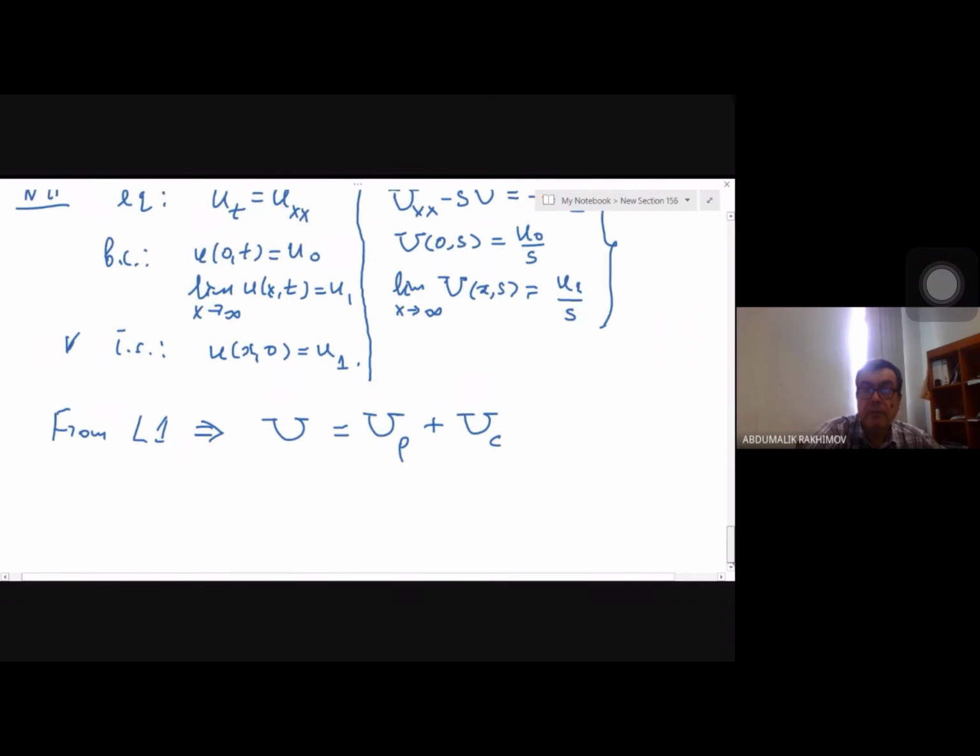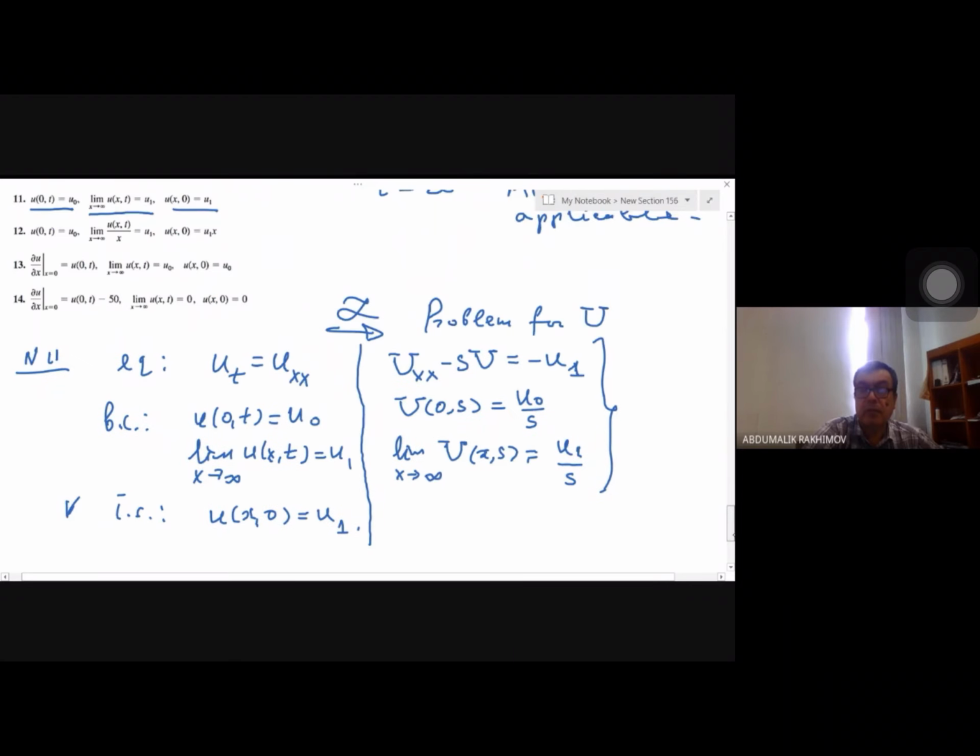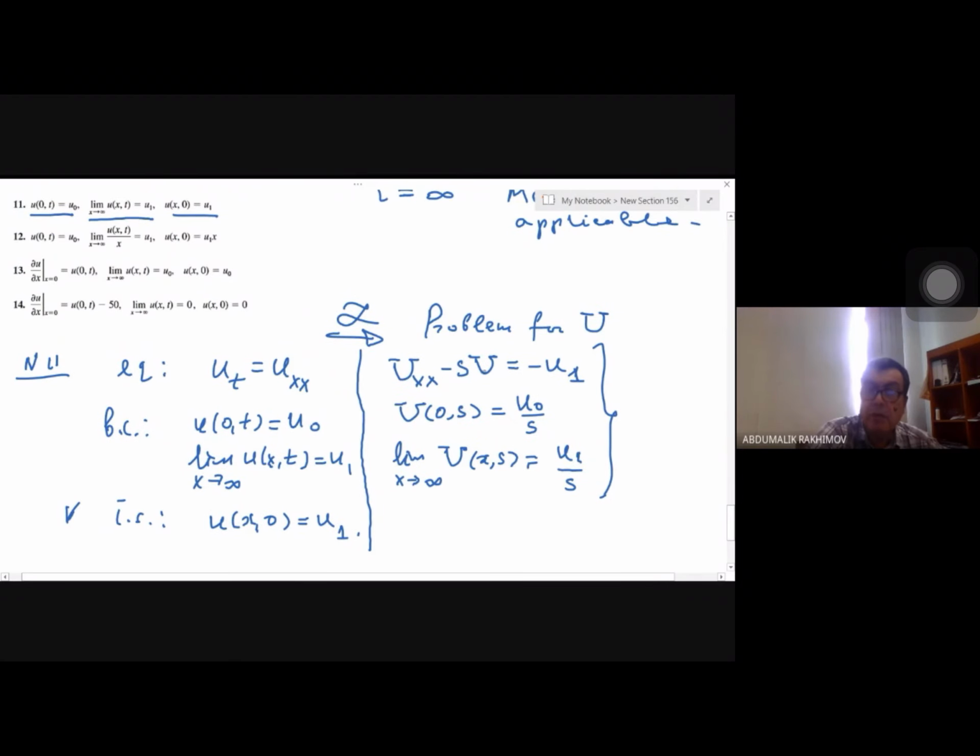So the particular solution Up, if you find it by the formula in lecture 1, will be equal to u1 over s. Let's check. I said Up is equal to u1 over s. What is Up? It is a constant.